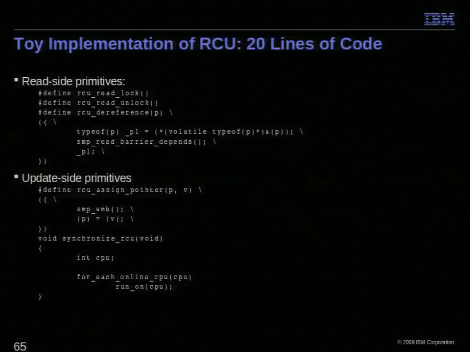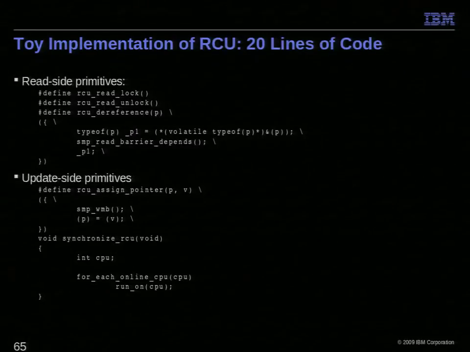This is a toy RCU implementation. I'm not going to go through it line by line. We've actually been through parts of it, the stuff up there. It's about 20 lines of code. What you do for synchronize_rcu is go through every online CPU and run yourself on it. If you switch over to some other CPU, that forces a context switch on that CPU. By the time you've gone through all the CPUs, everybody's had a context switch, and you're done.